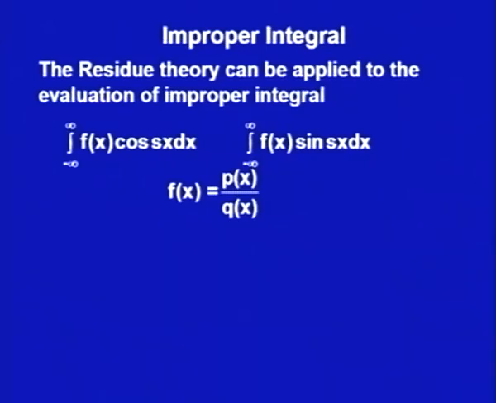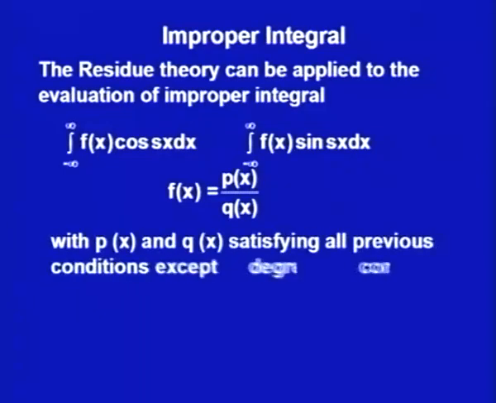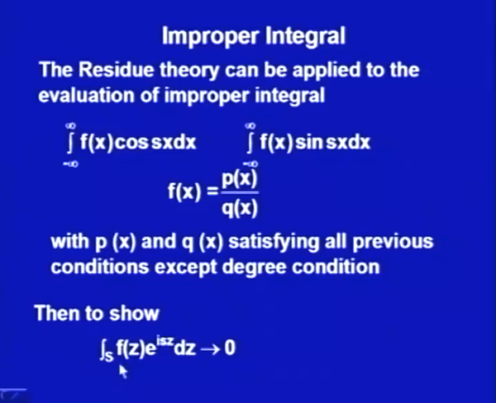We were requiring that degree condition to show that the integral of f(z) e to the power isz dz goes to 0 on a semicircle S as r approaches infinity.